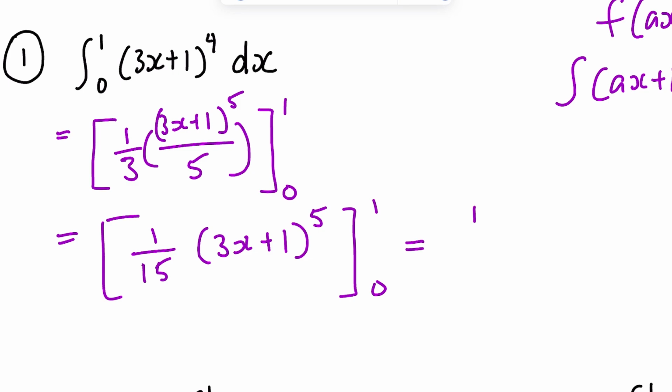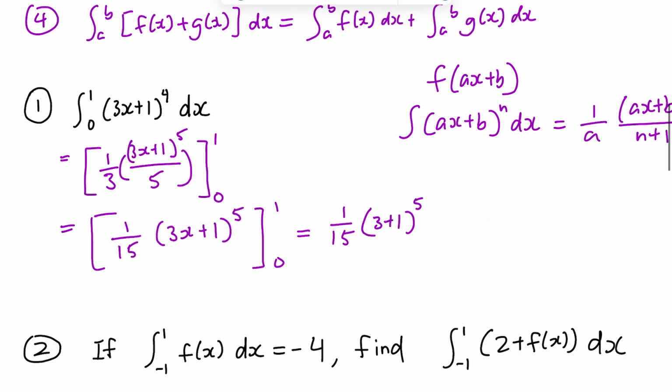So we get 1 over 15 times 3 plus 1 to the power of 5 minus, now we want to subtract the lower bound value. So we plug 0 into x. So we have 0 plus 1 to the power of 5. If we were to simplify that, we get 4 to the power of 5.